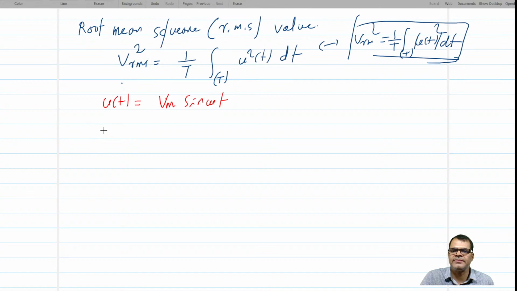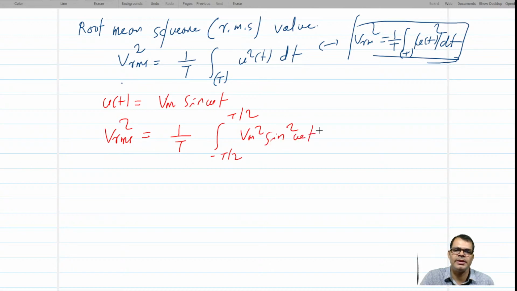So as per the definition, Vrms square is equal to 1 upon T integration from minus T by 2 to T by 2 of v square t, and v square is your Vm square sin square omega t dt.